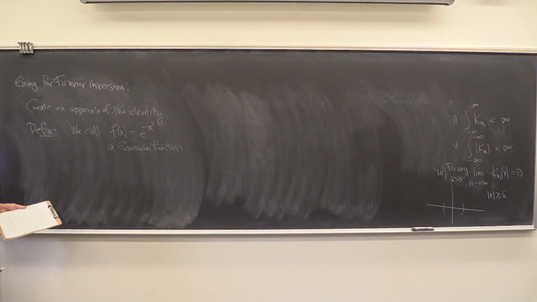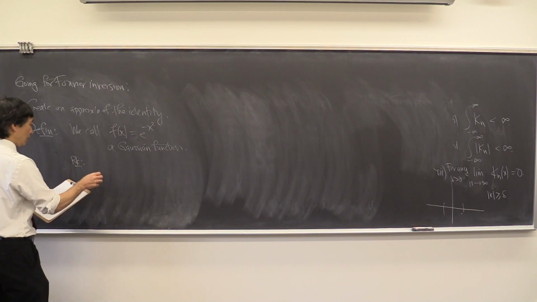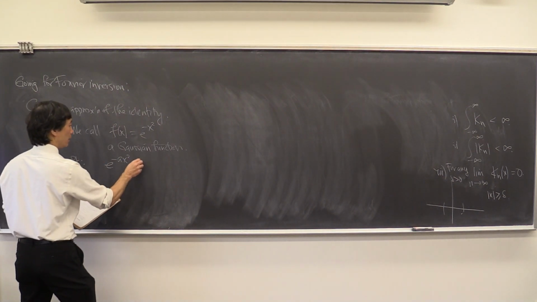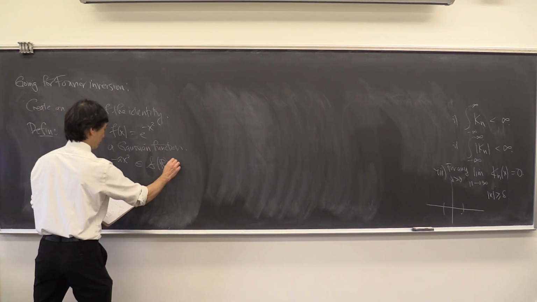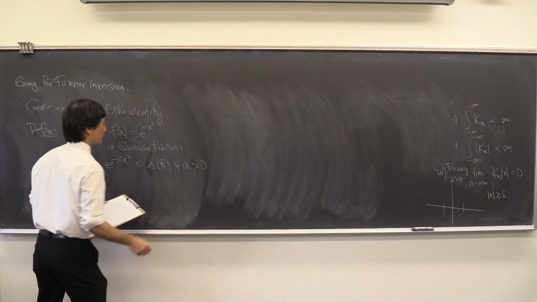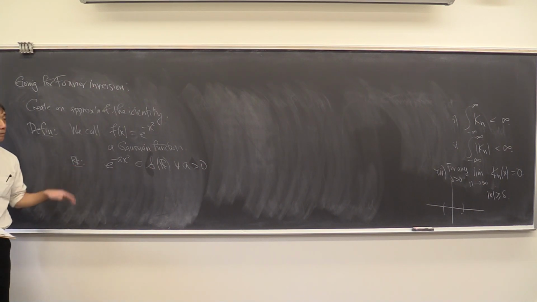And observe that e to the negative a x squared is in the Schwartz-class for all a's bigger than 0. So it's got this very fast decay.